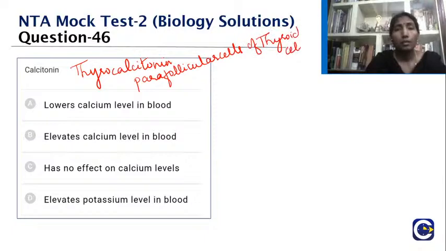The main role of calcitonin is to reduce the blood calcium level, because we have the other end of the spectrum, the hormones that increase the blood calcium level.